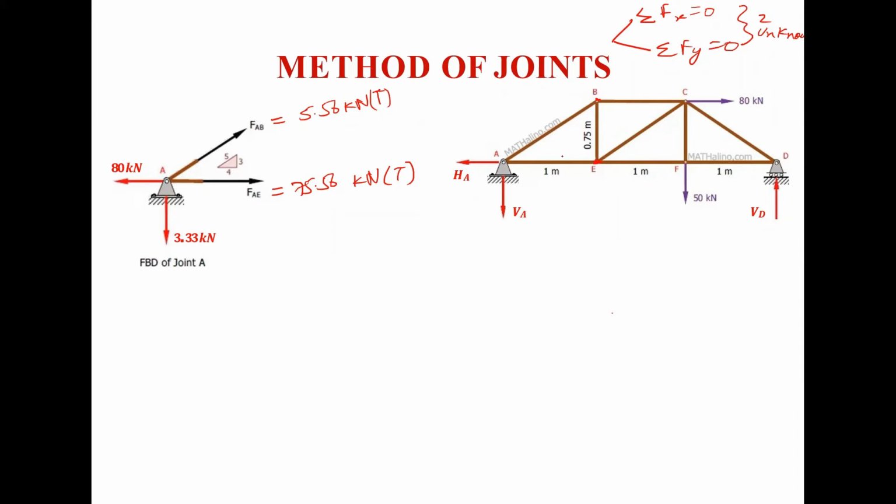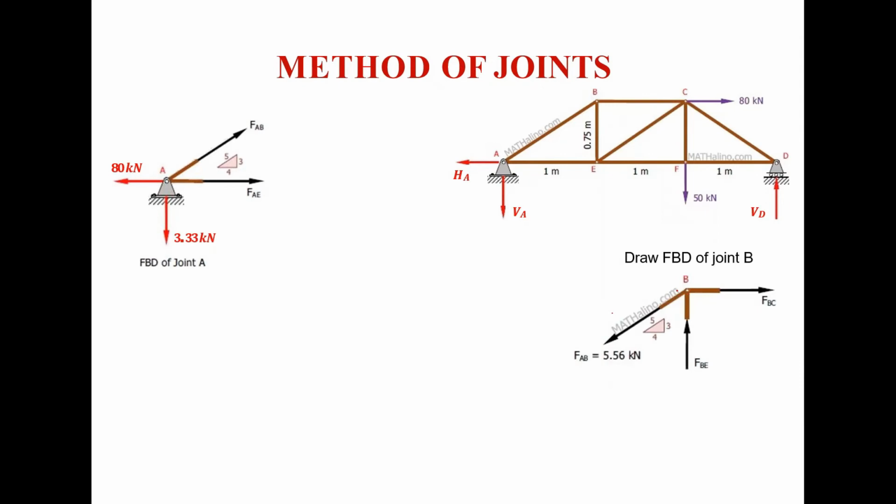We have calculated FAE, but we have not yet calculated FBE, FEC is also unknown, and FEF is also unknown. So we cannot consider an FBD of E at this stage. At this stage, we can consider the FBD of B.